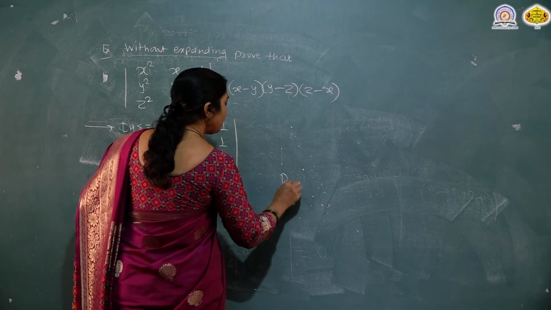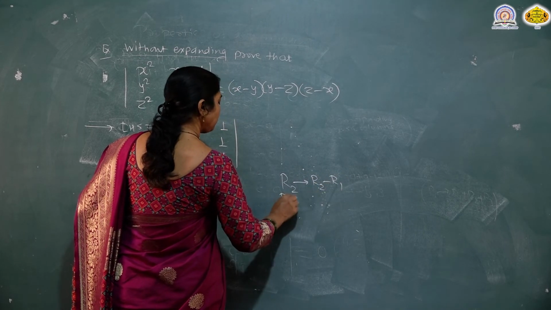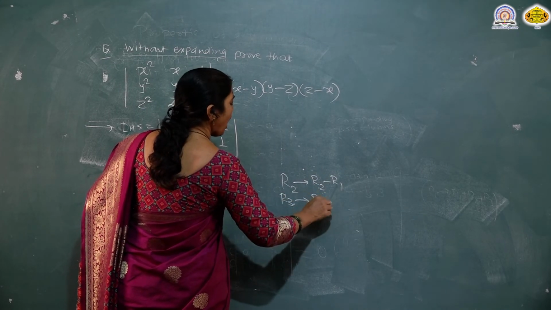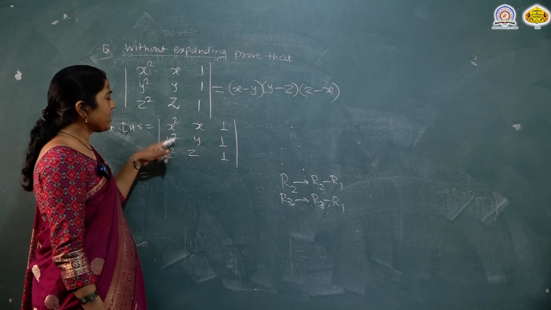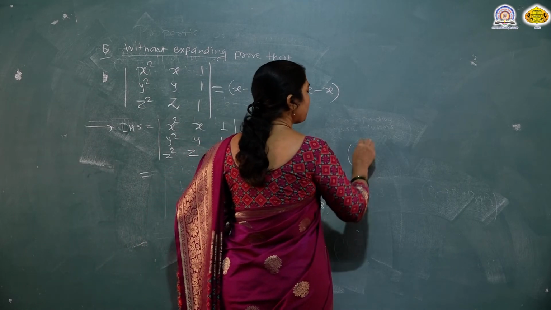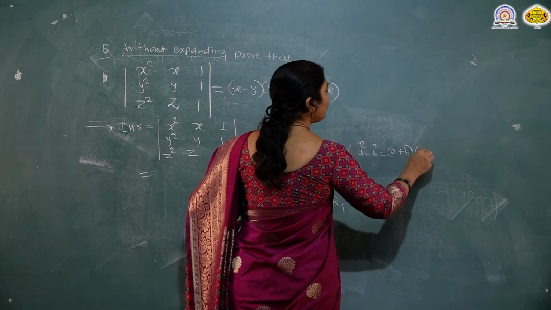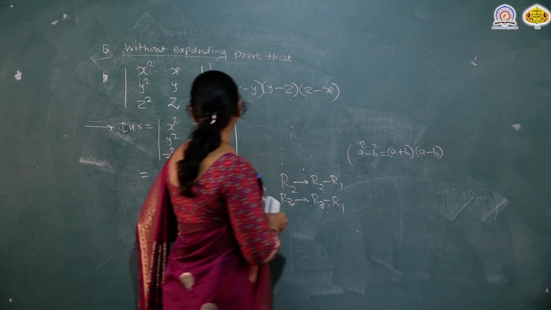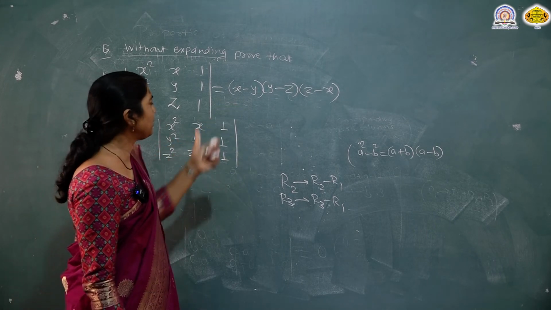So, we will use the property. I will change R2 to R2 minus R1 and R3 to R3 minus R1, because we know the formula a square minus b square is nothing but a plus b into a minus b. So if I take y square minus x square, I will get the factor y minus x.